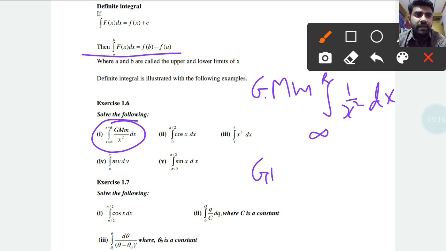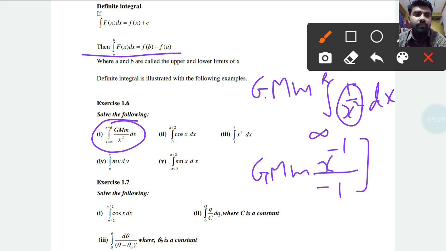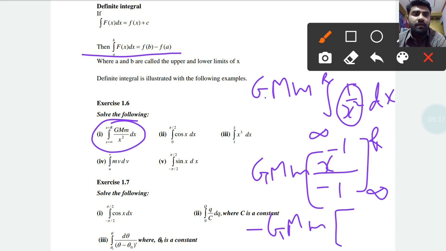So g m m, now x raised to minus 2 I can write, right? So x raised to minus 2 plus 1 upon minus 2 plus 1. So x raised to minus 1 upon minus 1, upper limit R, lower limit infinity. So minus g m m, upper limit 1 upon R, right, because it is 1 upon x.